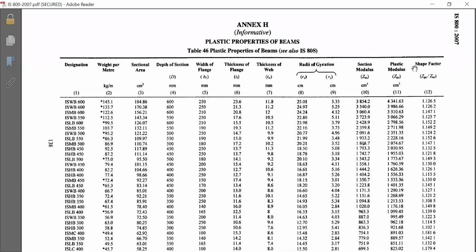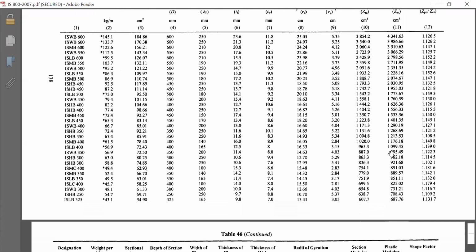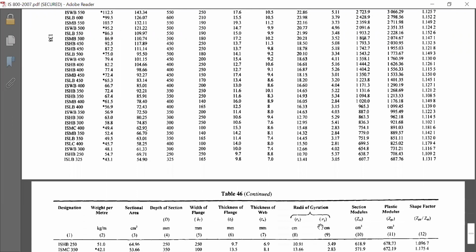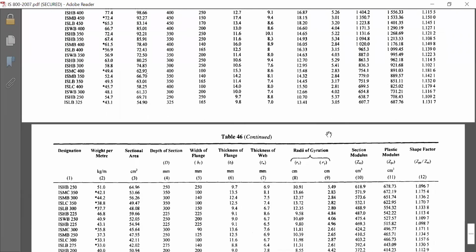You don't need to worry about the shape factor and section modulus. Just look at the plastic modulus, that is the value of ZPZ. Now you have to select a section which has a plastic section modulus greater than 132. So you find out and let me know which section you are comfortable with.